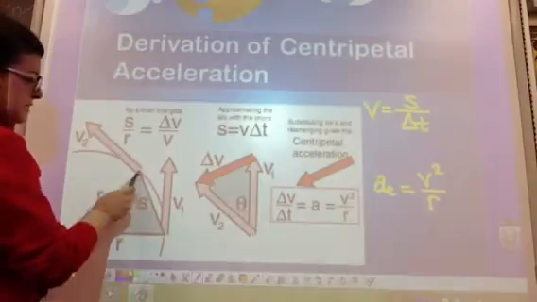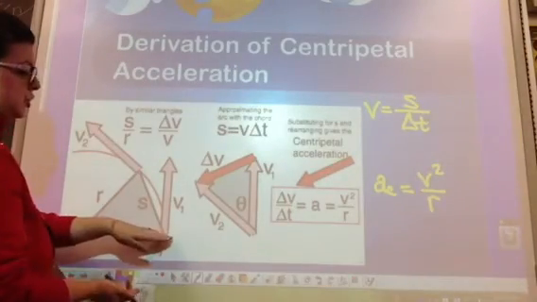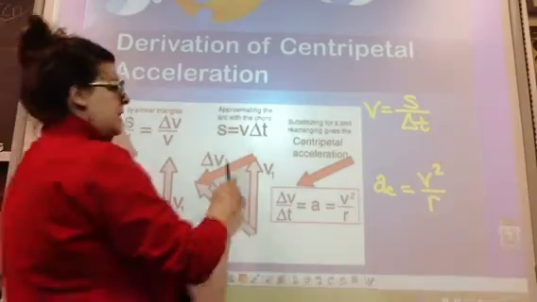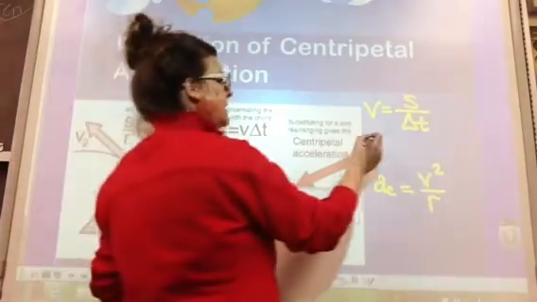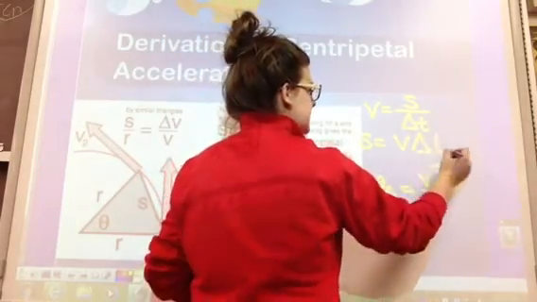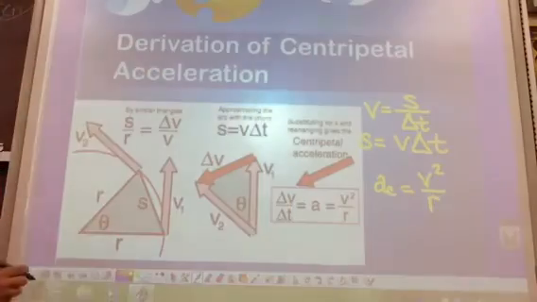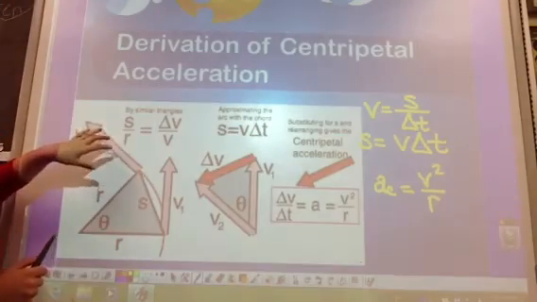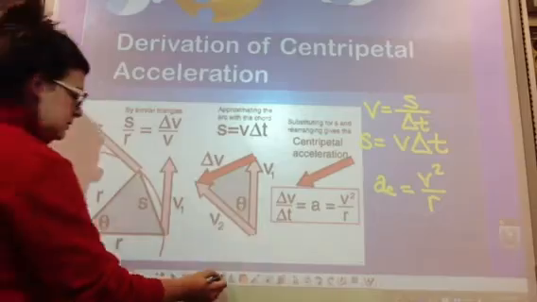It would be this distance over the amount of time it took to make that particle move from here to here. But I just want this solved for S instead, so S is that velocity times time. So if I plug this velocity times delta t in for S, let's do that now.